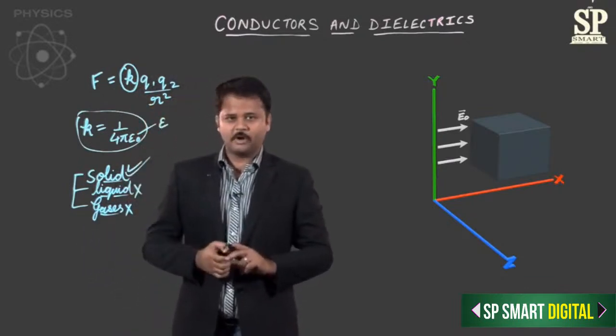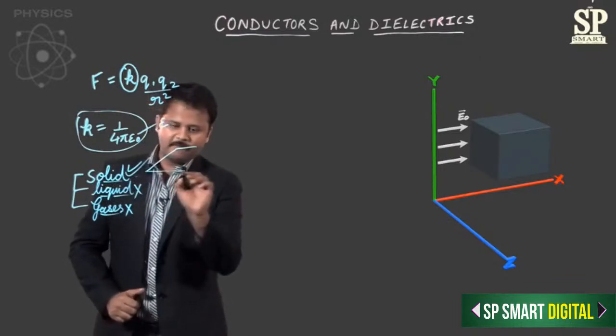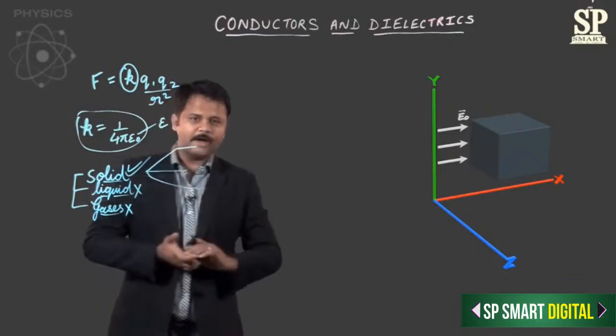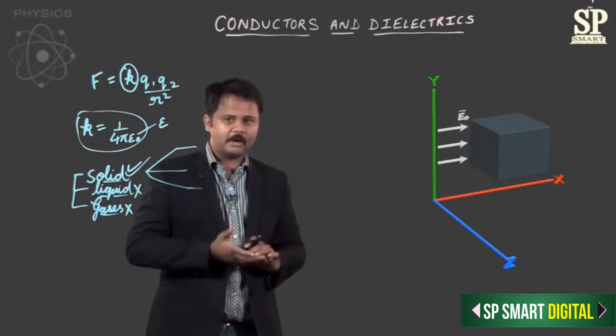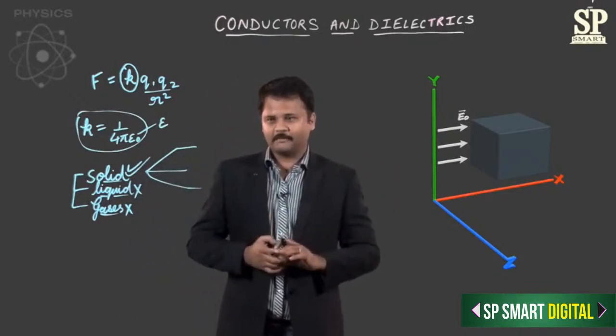And even among solids, we can say that there are three kinds of solids when we inquire in the line that we are doing right now, that is, exposing this solid material block to an electric field.